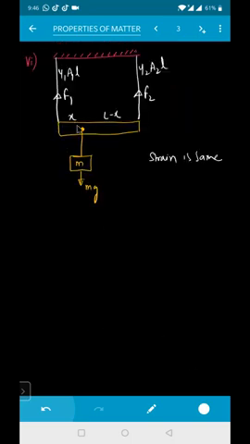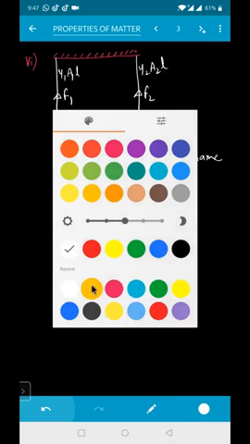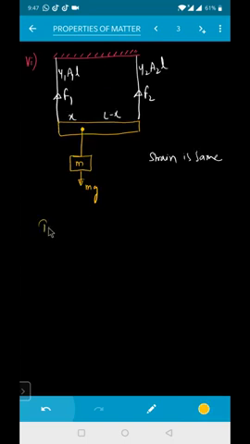Now see here, this force into perpendicular distance will give me what? Torque. So the torque right now is this F2 into, this distance is L minus x.